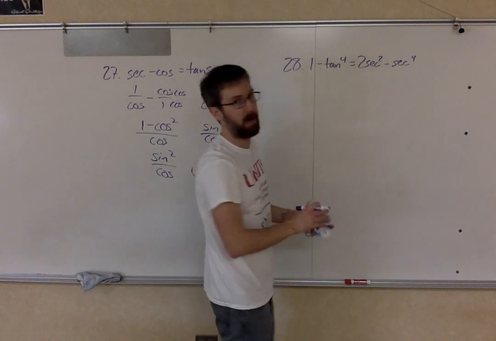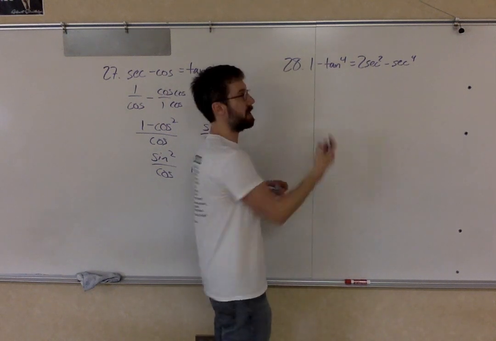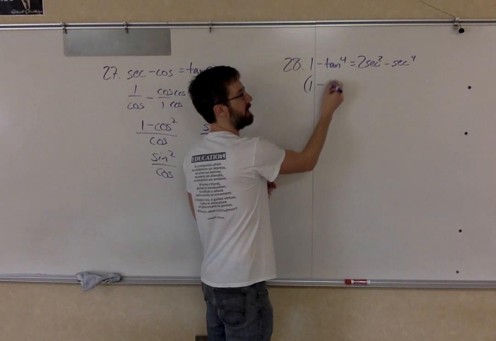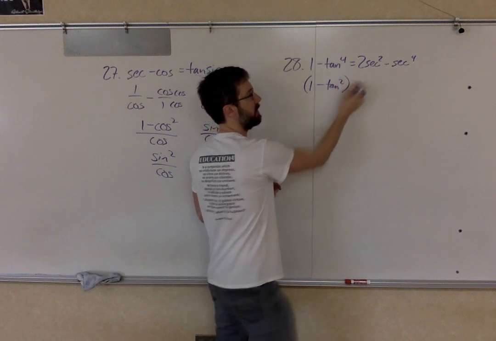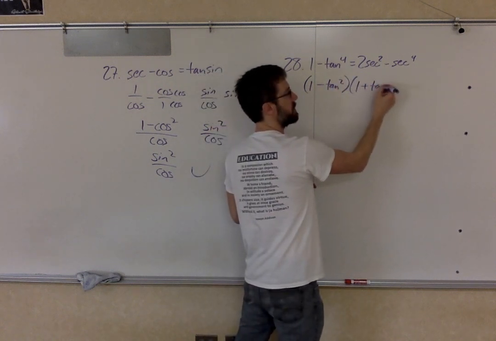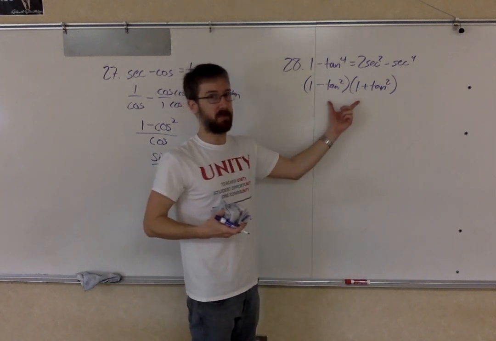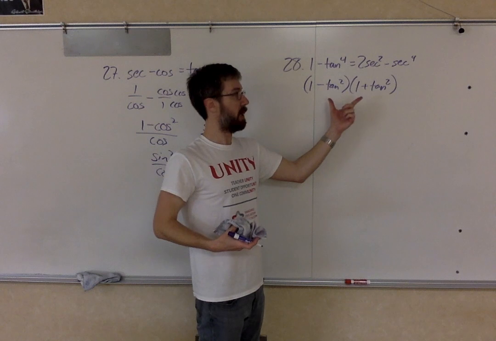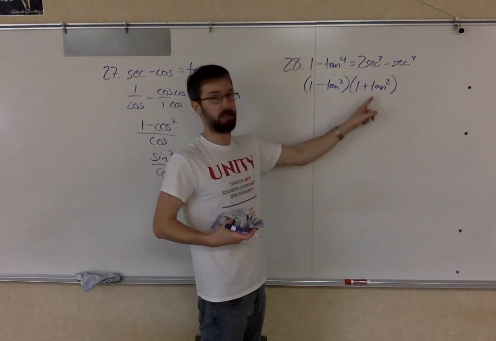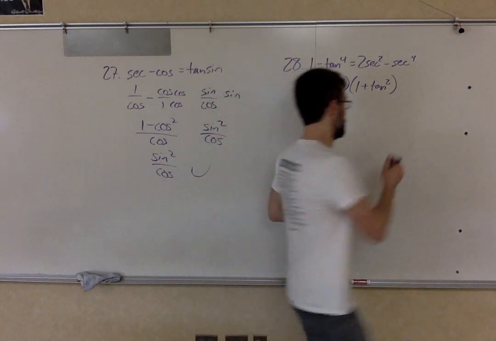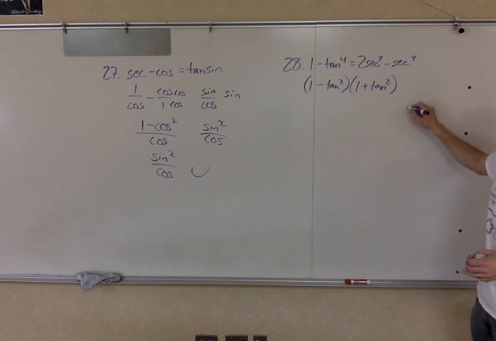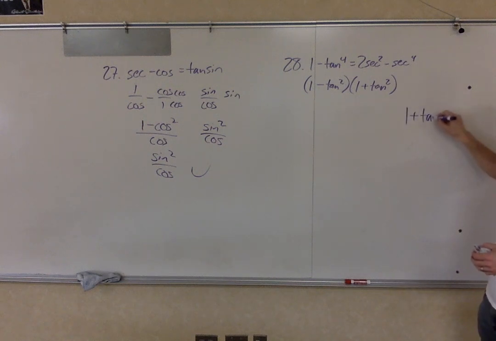So instead of 1 minus x squared and 1 plus x squared, it's 1 minus tangent squared and 1 plus tangent squared. Now, I have those split up. These are very similar looking to our Pythagorean identities, and actually this one is exactly it. 1 plus tangent squared is equal to secant squared.